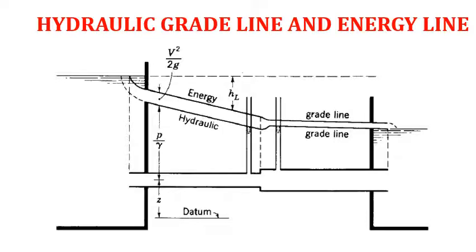As the diameter of the first pipe is smaller compared to the other one, the velocity head would be greater. So this is the reason that the gap between the energy line and hydraulic grade line is greater over here as compared to over here.